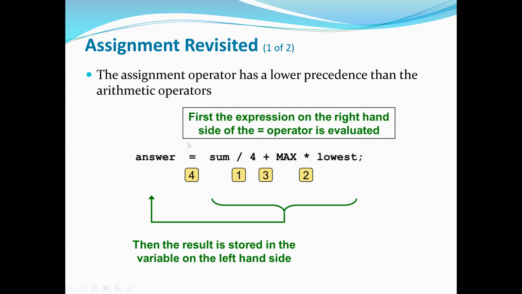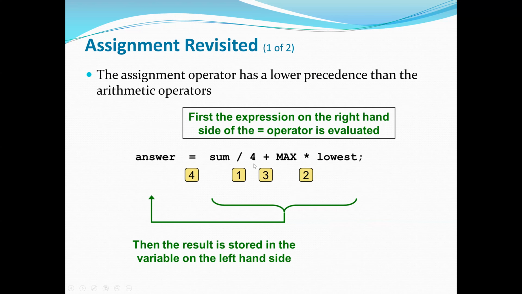So we'll revisit assignment again, and we discuss the assignment operator. When we declare variables, we can assign values to them. And here also we say that the assignment operator always has lower precedence than even the arithmetic operators. So for example, we have an expression here.